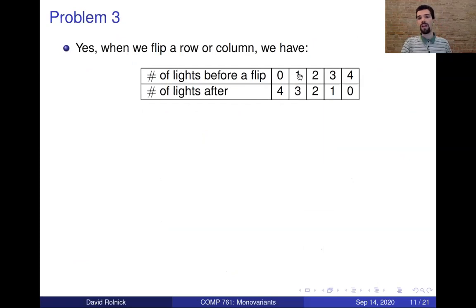If we had 1 light on, then we're going to get 3 afterwards. 2 and 2, 3 and 1, 4 and 0. You'll notice that the difference between these two is always even. So we're always changing the number of lights, in the row or column that we flip, by an even number.